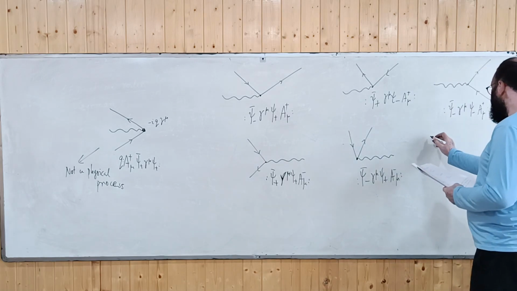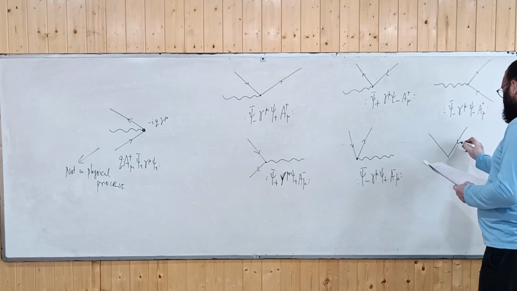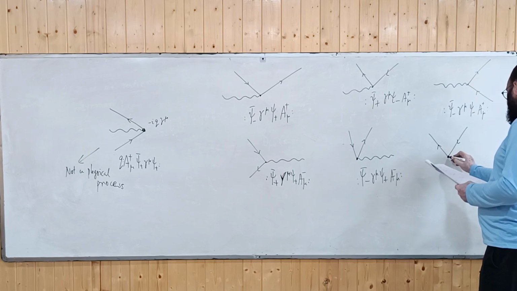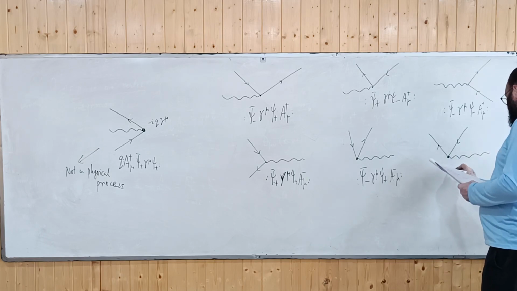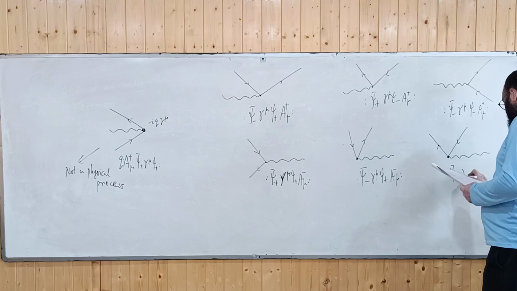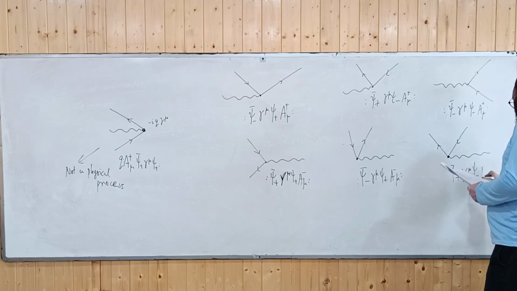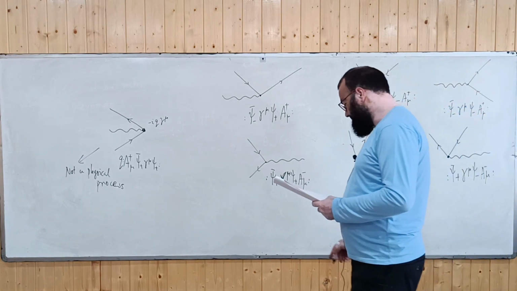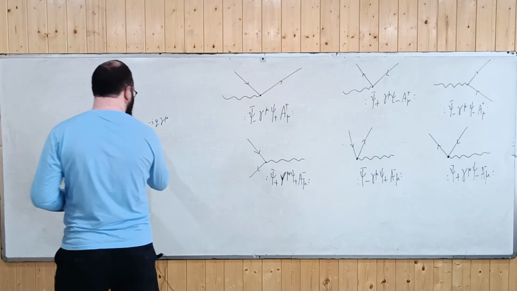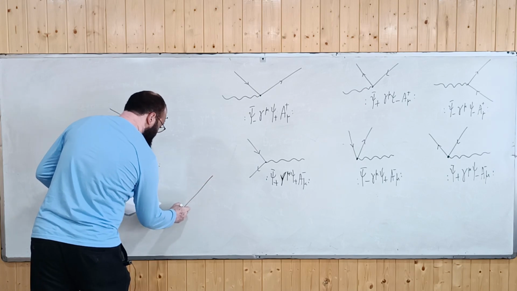Then you are having this kind of diagram, psi bar plus gamma mu, like this thing. Then you are having the last diagram opposite to this.